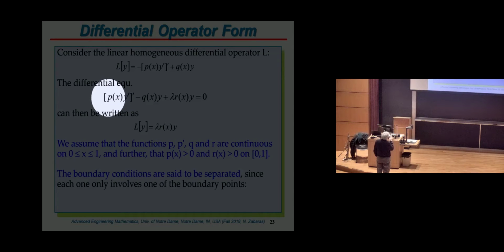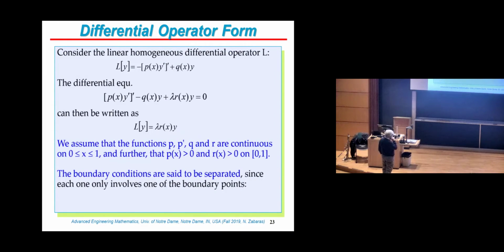One will involve p, the other one will involve p prime. So I want p and p prime to be continuous. I want the same thing for q and the same thing for r. And also, I want to have p of x greater than 0, which, if you think about it, makes sense because the conductivity cannot be negative, right? This problem, we are going to have difficulties to solve it if the conductivity is negative, okay?